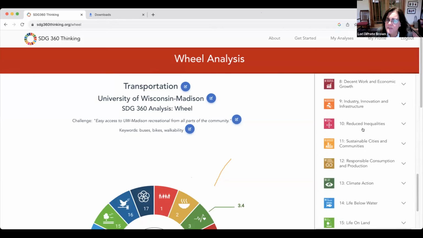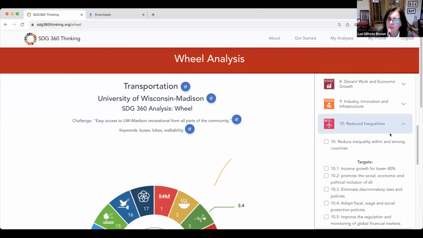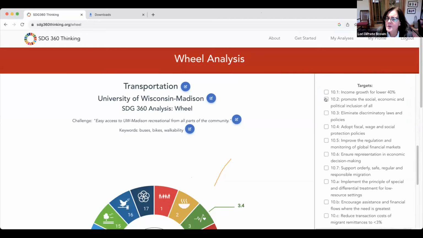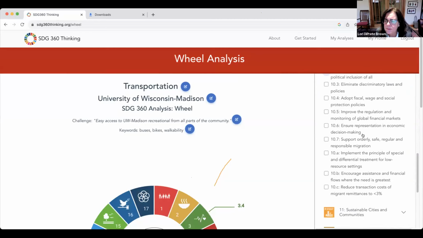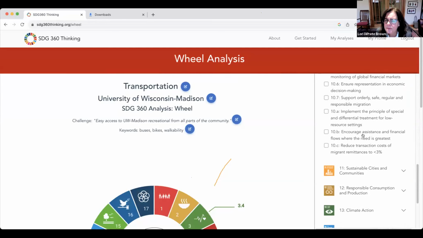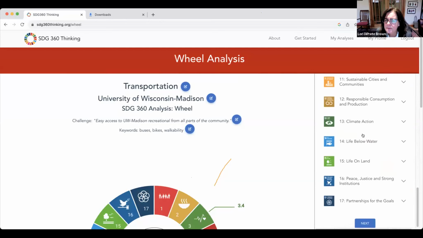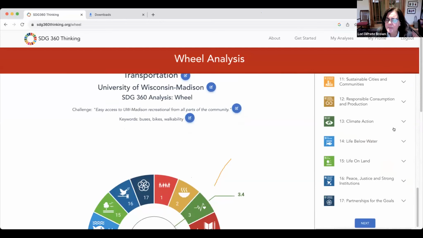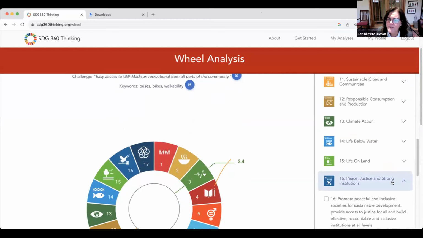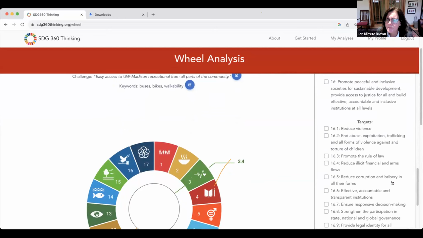I'm gonna see if there's any others. Reduced inequalities might be helpful. Let me take a look. This is social inclusion for all, so that's a good one. And then let me look at what this says, strong institutions.